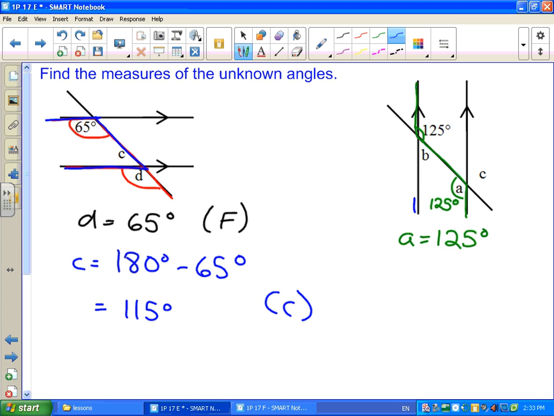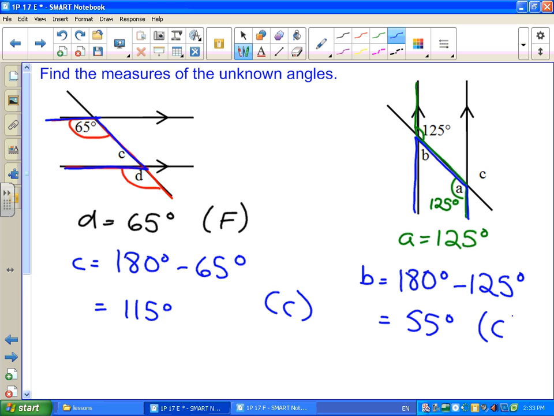We could draw a C here, and then A and B are both inside that C pattern, so they have to add up to 180 degrees. So B will equal 180 degrees minus 125. We punch this into our calculators and we get that B is 55 degrees. We got that from our C pattern. Okay, we should say that we got this from our Z pattern.